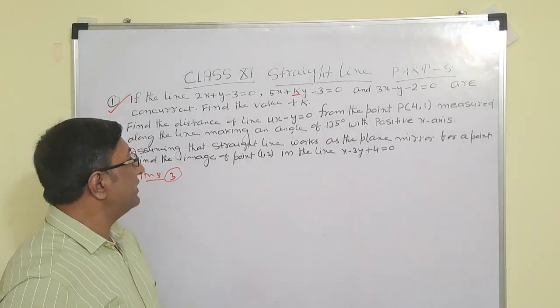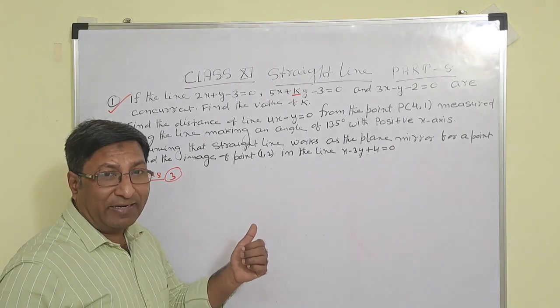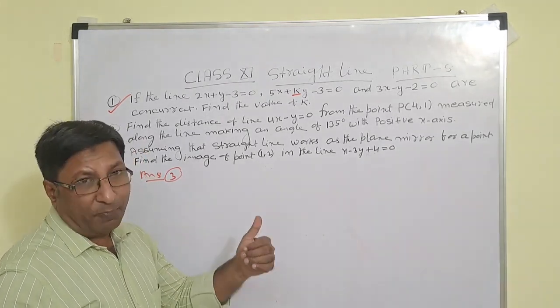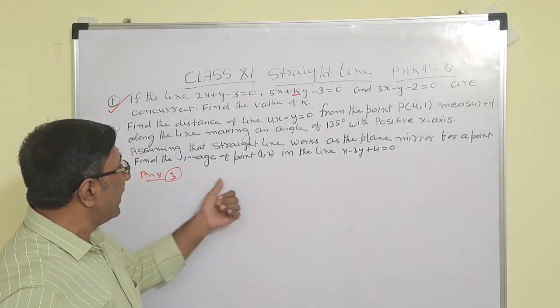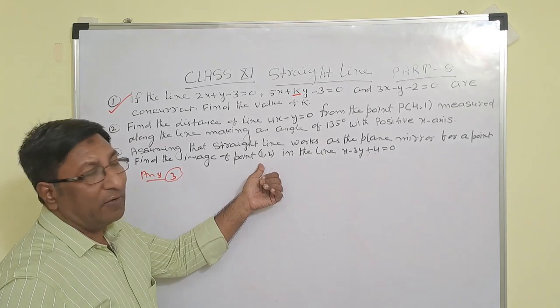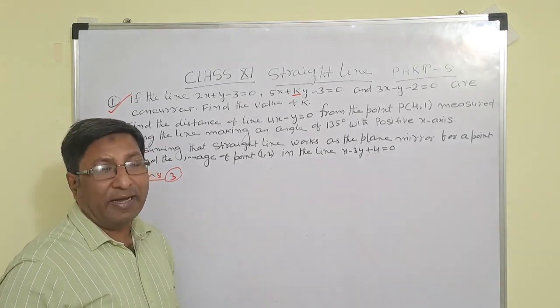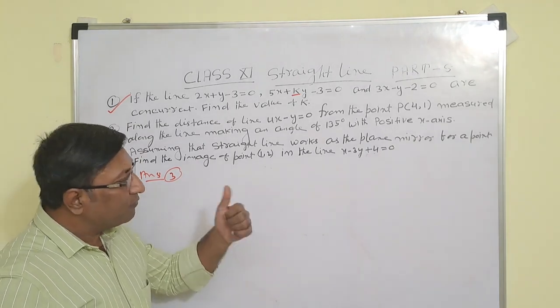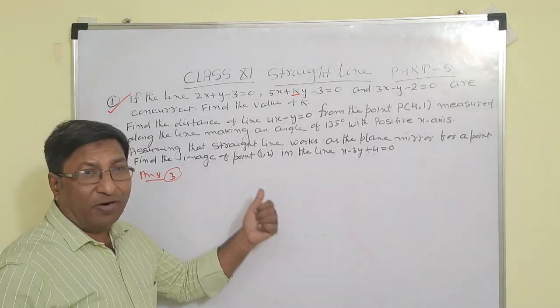This question says that any straight line works as a plane mirror. So suppose there is a point (1, 2). Then find the image of this point if the equation of the line is given as x minus 3y plus 4 equals 0.